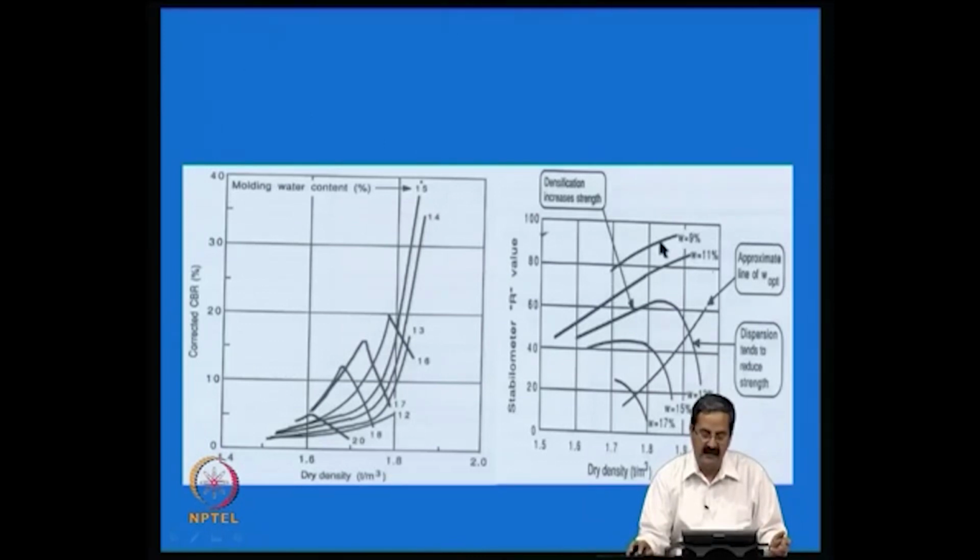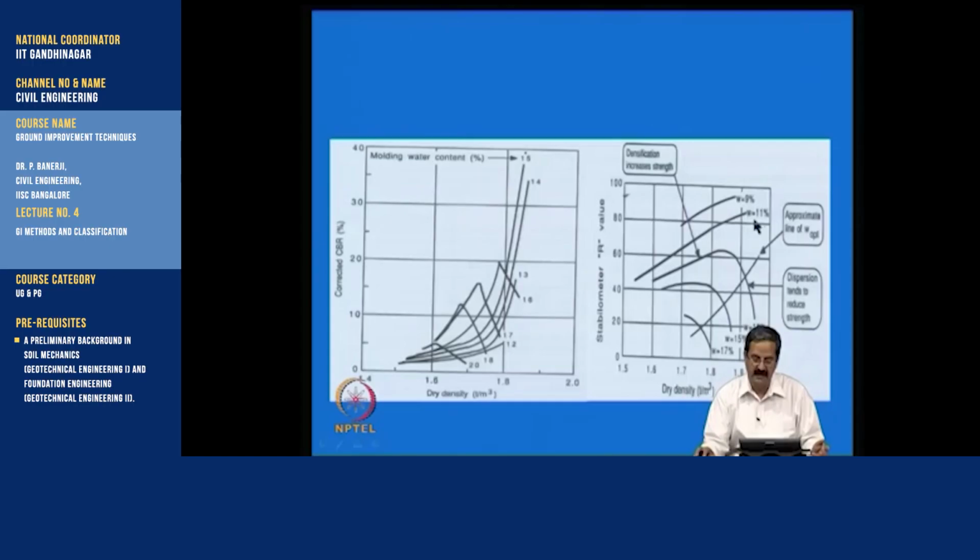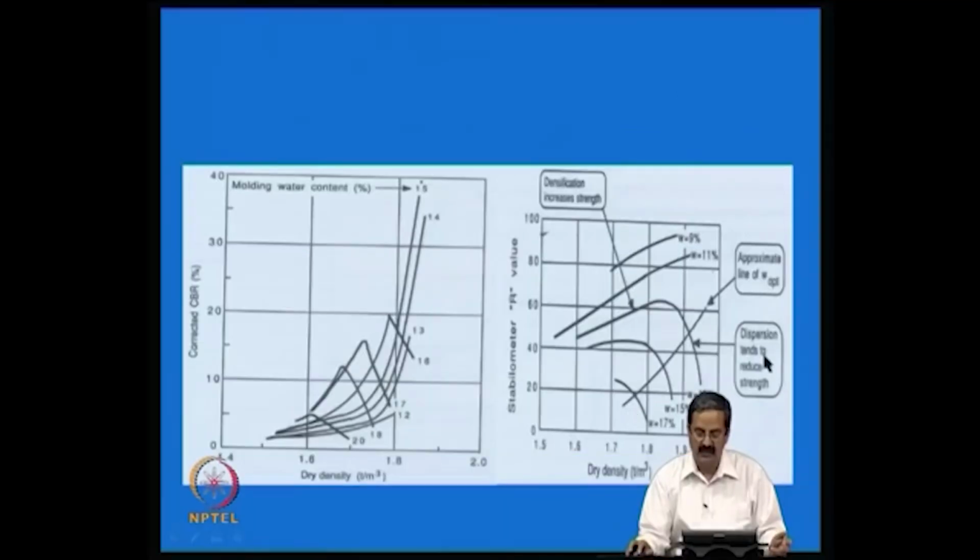In the dry state, the water contents you have give values in this range, with water contents like 9% and 11%, and as the water content is increased, you can see the values are lower. These plots in fact show you the lines of optimums. If you draw an optimum curve, it could be somewhere here, and these are all the lines of optimum values.